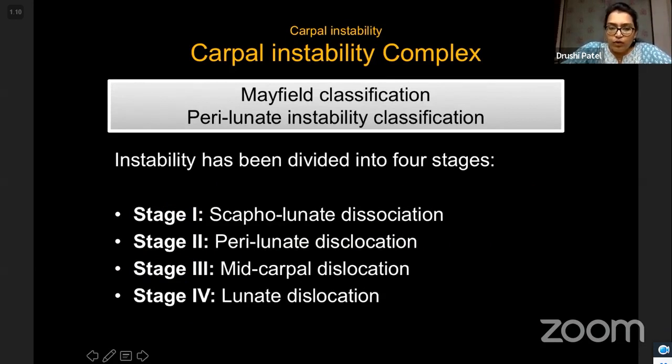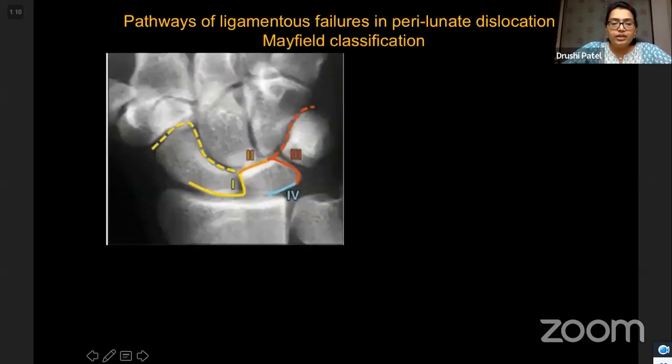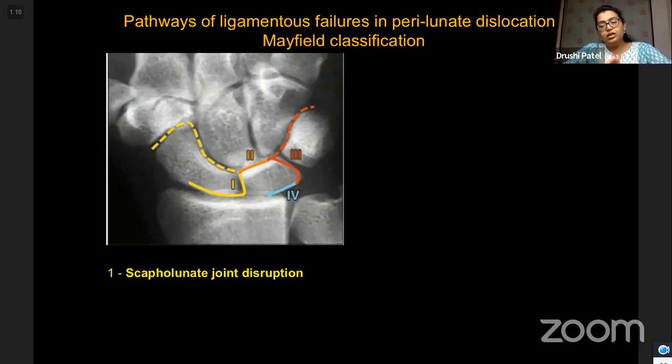Before you understand this perilunate instability, it's important to understand how the forces are transmitted across the joint so as to result in this kind of injury. So when there is a hyperextension force at the wrist joint, like a fall on an outstretched hand, the forces get transmitted across the radioscaphoid and towards the scapholunate joint.